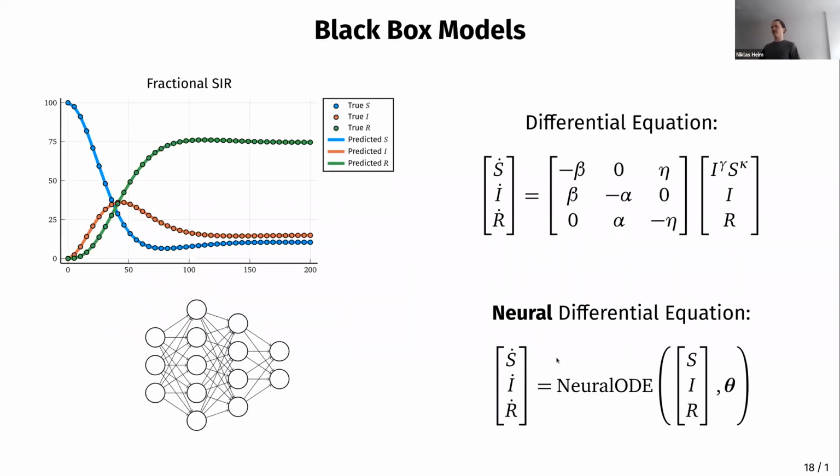Typically, I can fit a neural ODE to this data, which will take as an input measurements from S, I, and R and output the derivative information, and then I can start integrating over this thing and make predictions. I can make very nice predictions, but with this fitted neural ODE, I again have the problem that I can't really say anything about the actual generating equation of this problem.